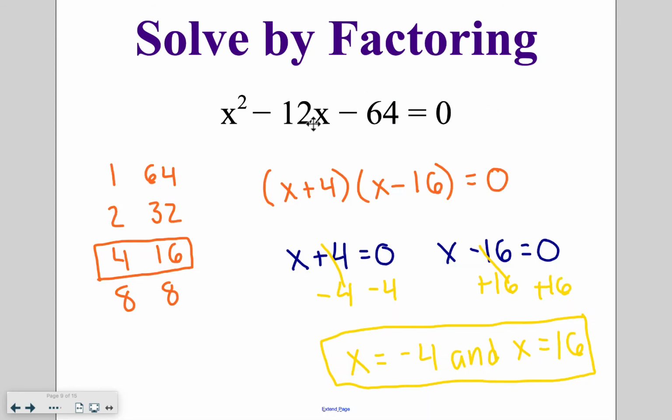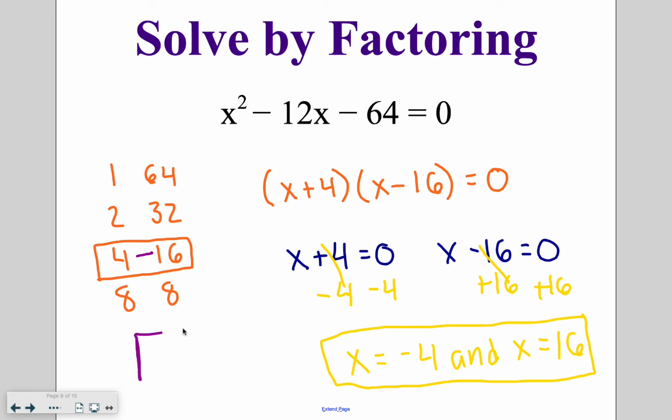We are looking for the numbers that multiply to 64. So I've got 1 and 64, 2 and 32, 4 and 16, 8 and 8. In order to get to a negative 12, I have a positive 4 and a negative 16.